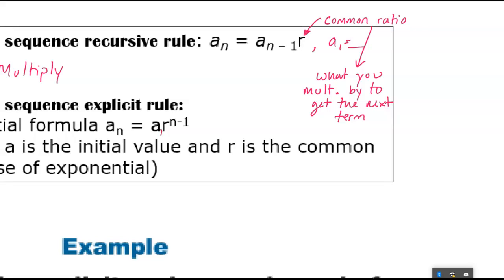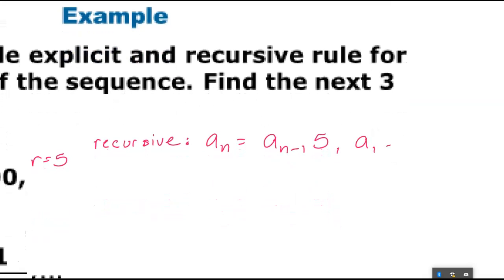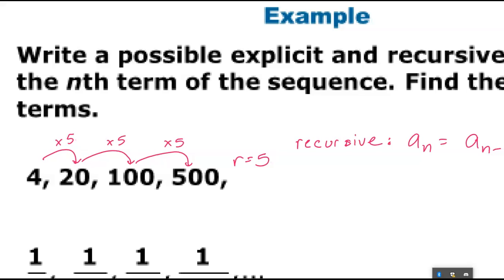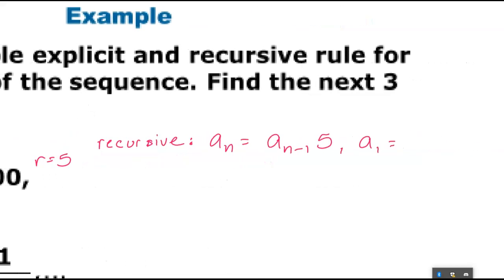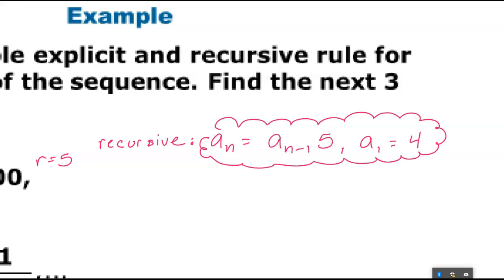A sub 1, what your first term's value is. So in this sequence, our first term's value is 4. I need to state that because if I don't, I would have no idea where my starting point is. I would have no idea how to create any of the terms in this sequence.